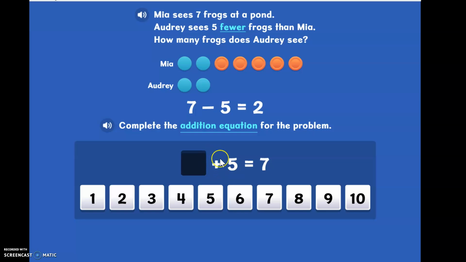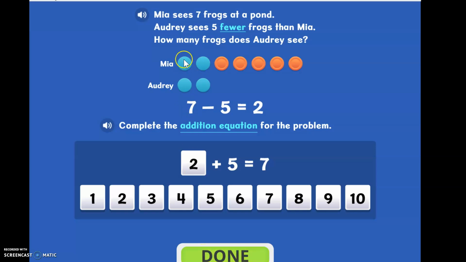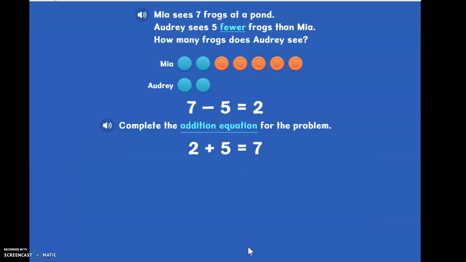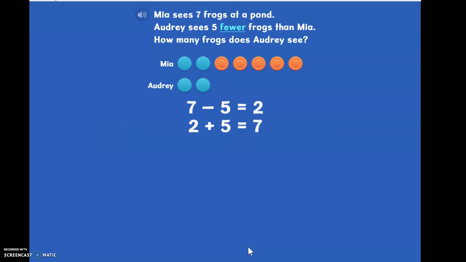Mia sees 5 more than Audrey. So that gives us 7. See our 2 parts? Indeed. You can use either subtraction or addition to show the problem.